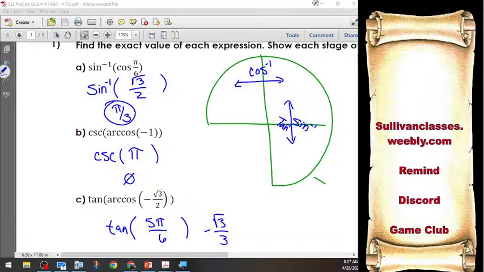Okay. Now, I'm just realizing as I'm looking at this, 2 of them were arc function first, then regular. 1 of them was regular, then arc. Remember, you should be able to go both ways. What if I said arc tangent of -1, and then go find the secant of that?